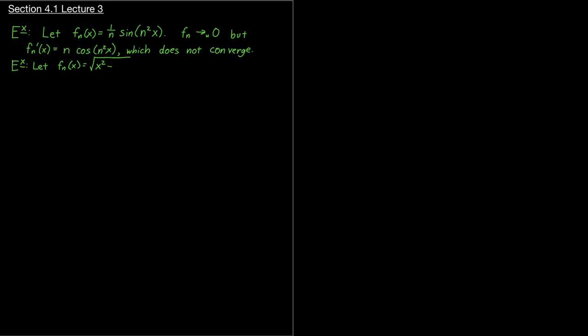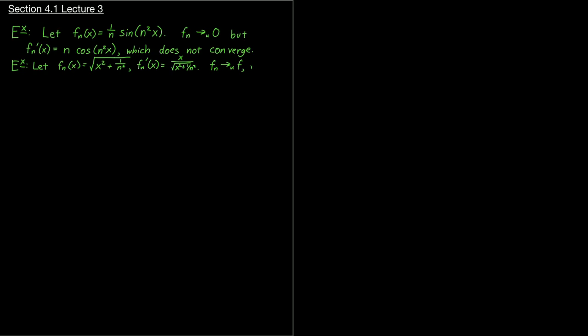And that 1 over n squared makes this function completely differentiable. f_n prime of x is, as it happens, x divided by the square root of x squared plus 1 over n squared.